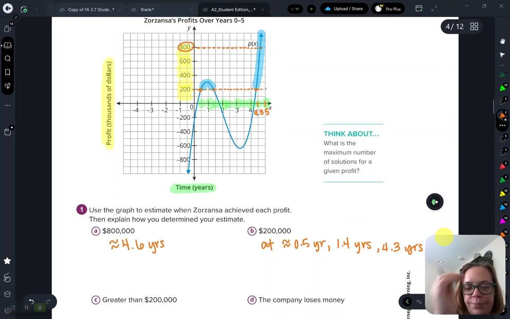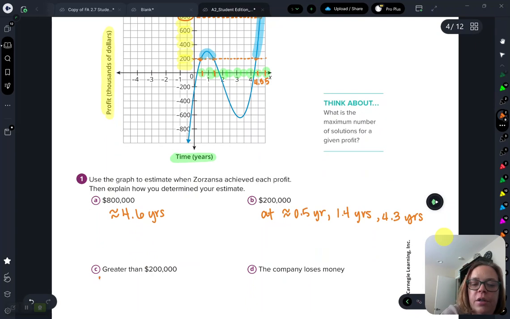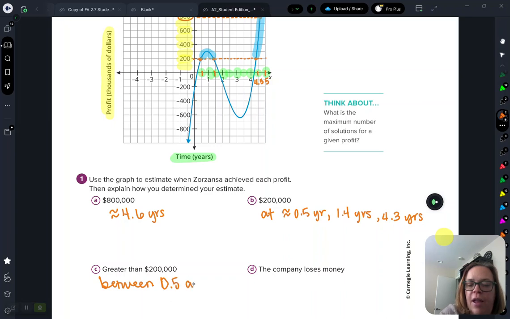So that would be maybe between half a year and 1.4 years. So it's between 0.5 and 1.4 years. And then after, what is that, 4.3 years about.